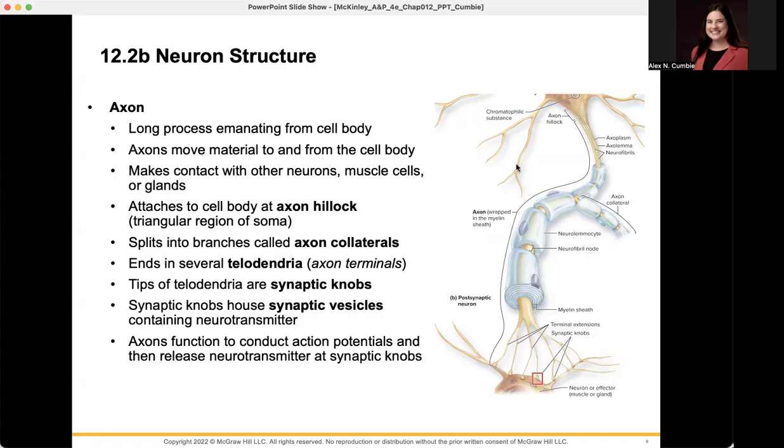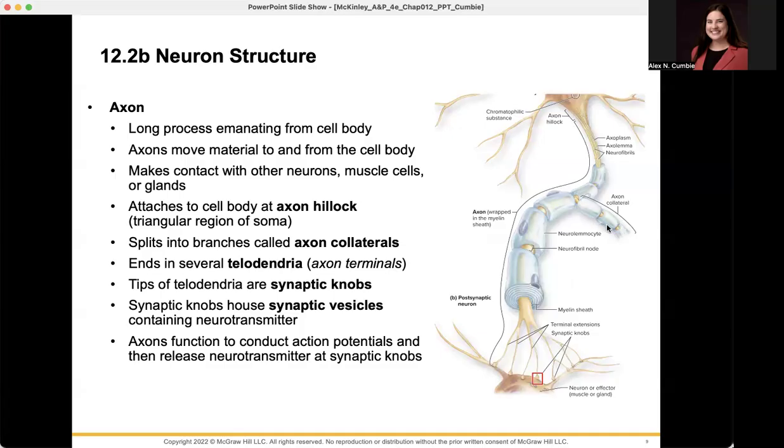And then at the axon hillock, it's going to send electrical signals down the axon. It's important to note that the axon is how the neuron communicates with other cells. So it is going to send signals through the axon to communicate either to other neurons or to muscles or glands.